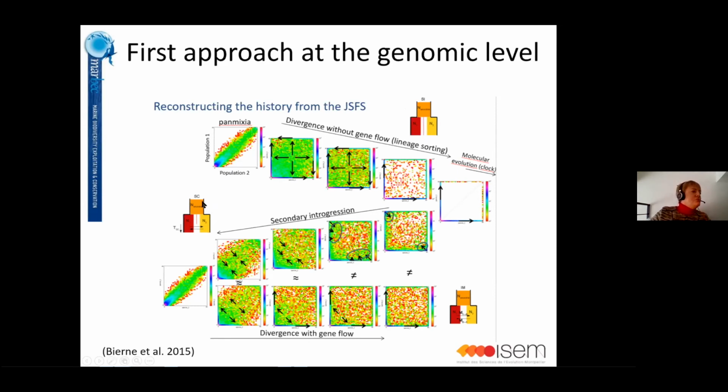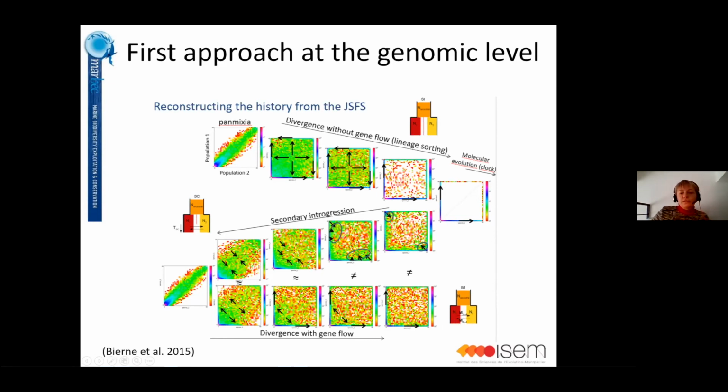You could also have a separation, but after a moment, you could have exchange. This is what we call a secondary contact. And you could also have separation of the population, but with still gene flow. It's called divergence with gene flow.